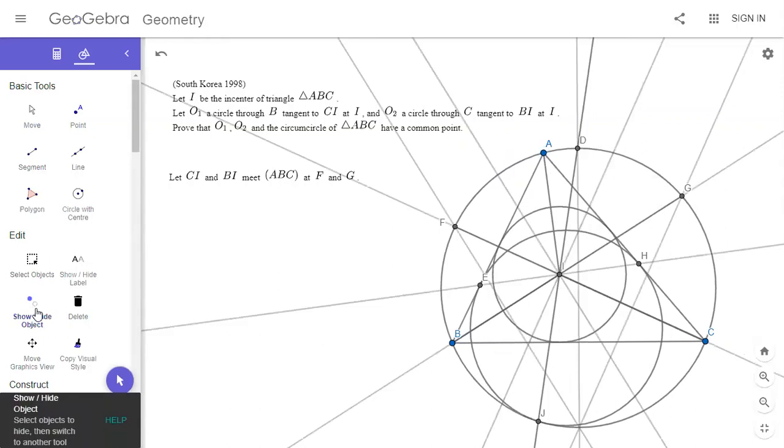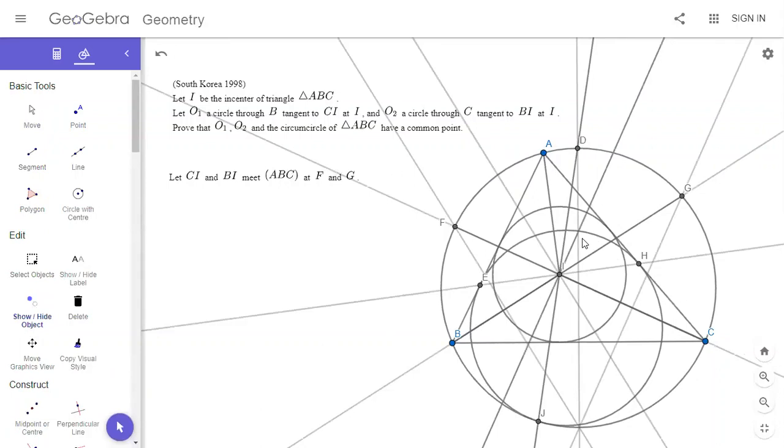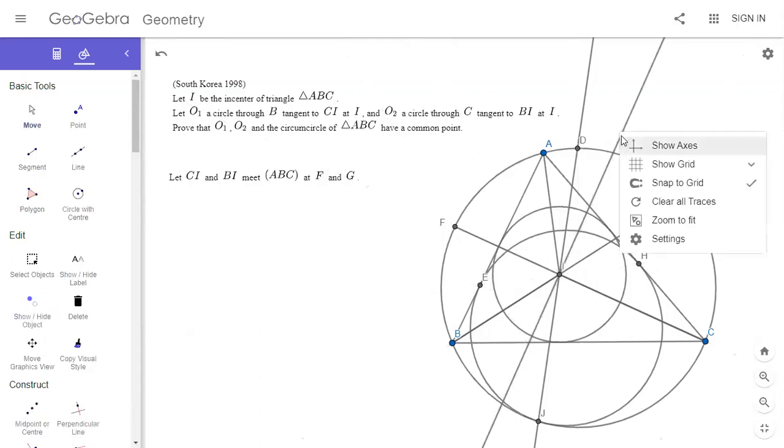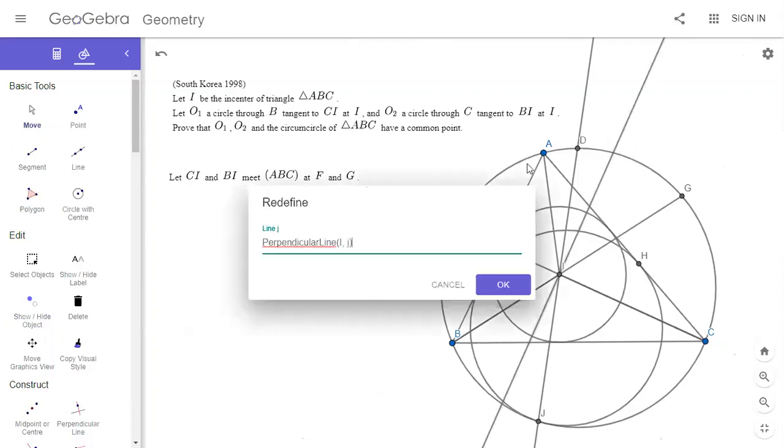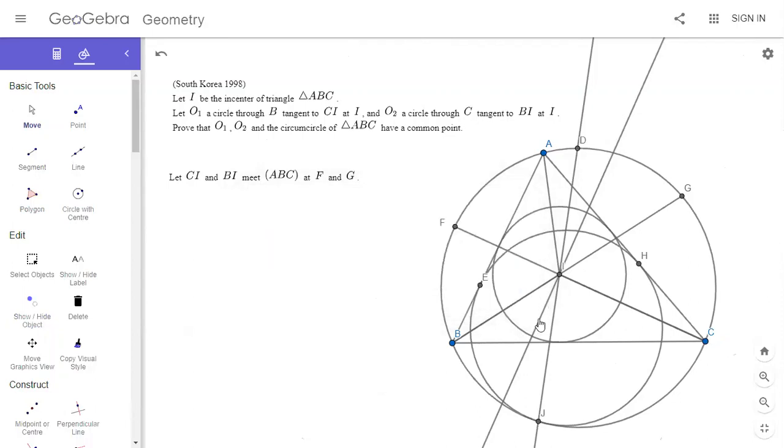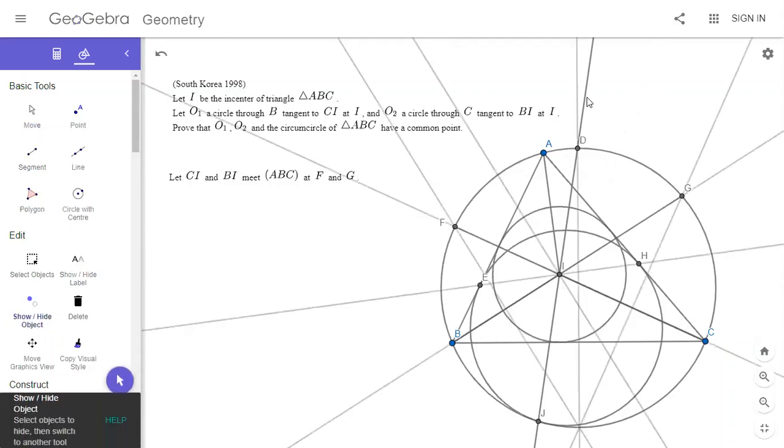Do you guys know what that line is? I'm just going to look at the definition out of curiosity. Oh, that looks like it passes through... that's the perpendicular through I. Oh, we never deleted that when we were creating the first circle. Okay, so I just deleted that there.